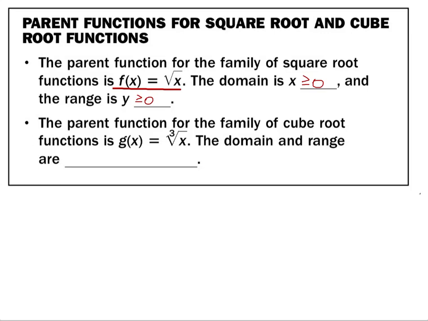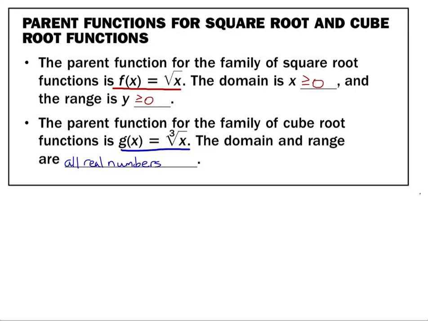Now, there's a little contrast with cube root. So the next bullet's about cube root x. And here, the domain and range are both the same, and they're both all real numbers. This is because cube roots work with negative numbers.